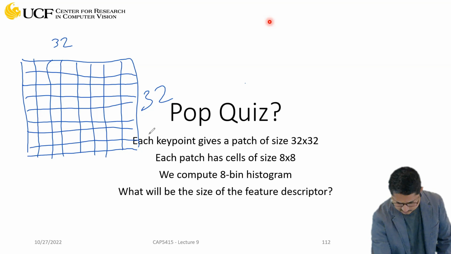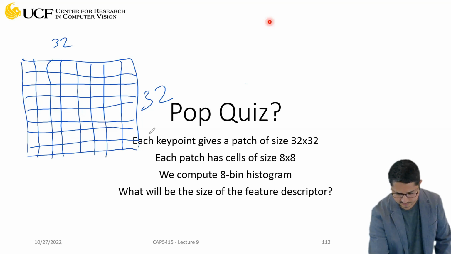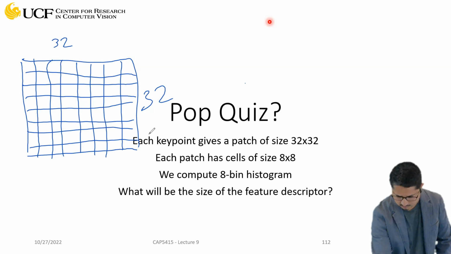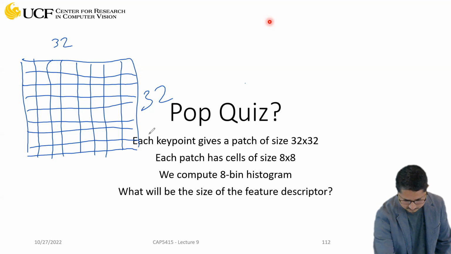Okay, I think the time is up. Let me quickly go over how to solve this. This is your one key point, 32 cross 32. I haven't drawn all 32, it's too dense, but each cell is 8 cross 8.